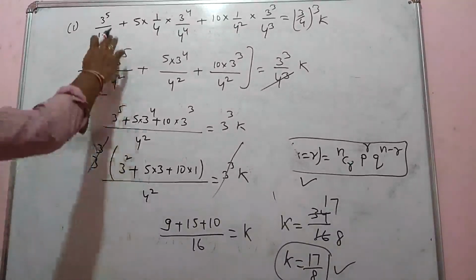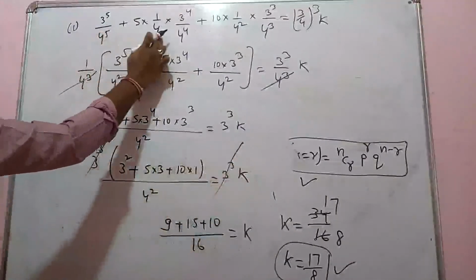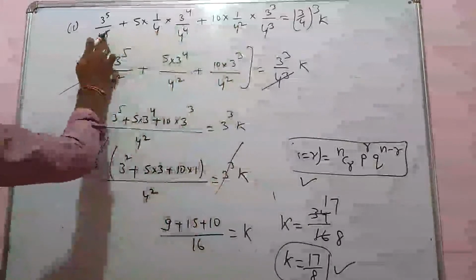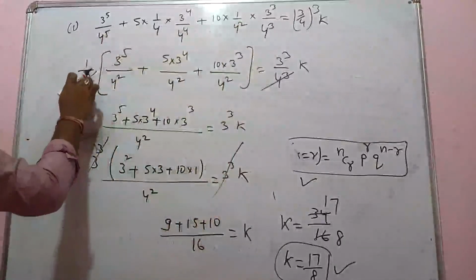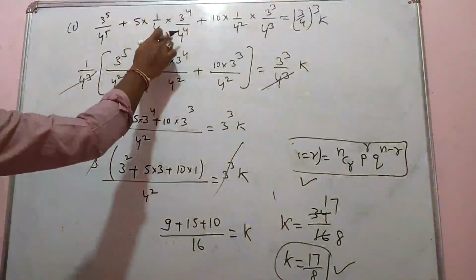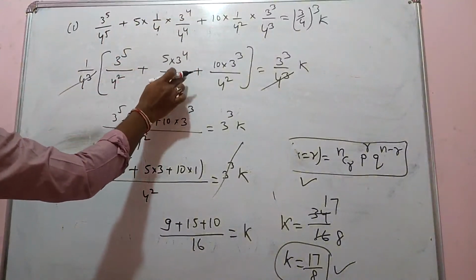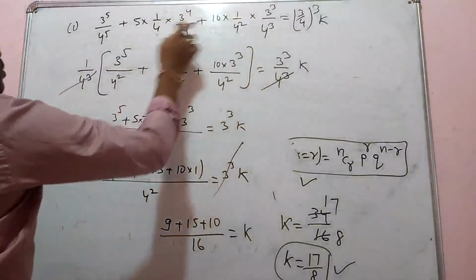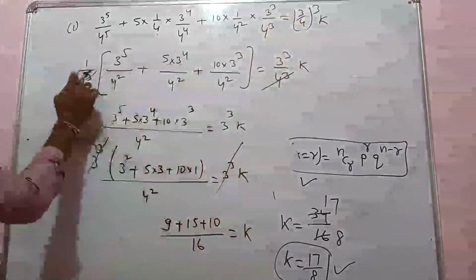Sorry. Here I took 4 cube common in the denominator because I know this is 4 power 5, 4 power 4, 4 cube. So I took denominator 4 cube common. So 3 power 5 by 4 square, and 4 power 5 was there, so 4 square will be here. 3 cube by 4 cube, 4 cube will be cancelled out.